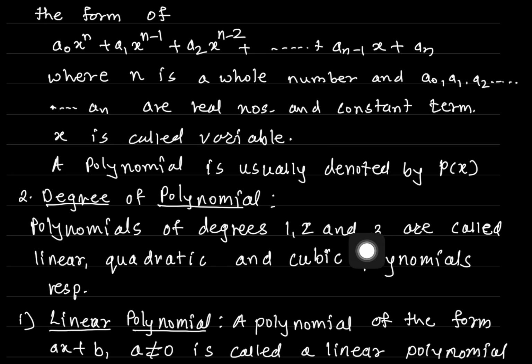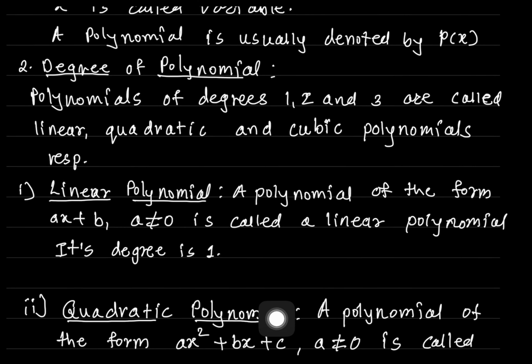Polynomials of degree 1, 2, 3 are called linear, quadratic and cubic polynomials respectively. If the highest degree is 1, the polynomial is called linear. If degree is 2, it is quadratic, and if degree is 3, it is called cubic polynomial.